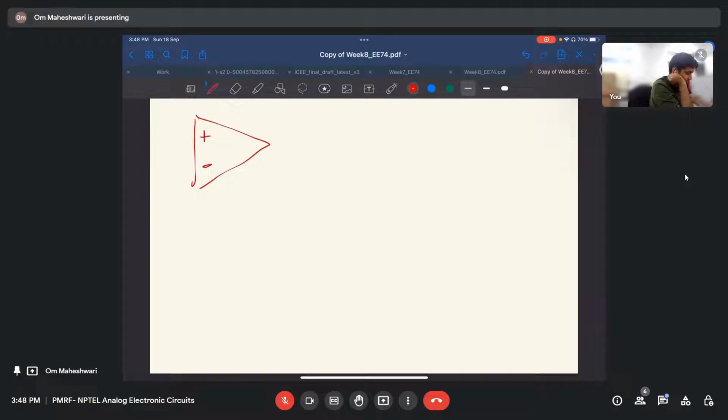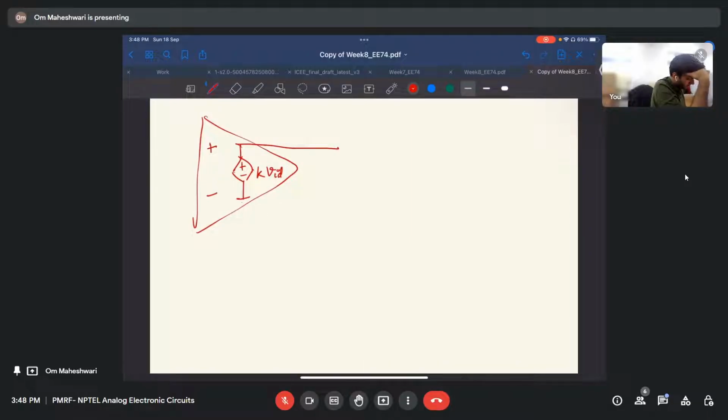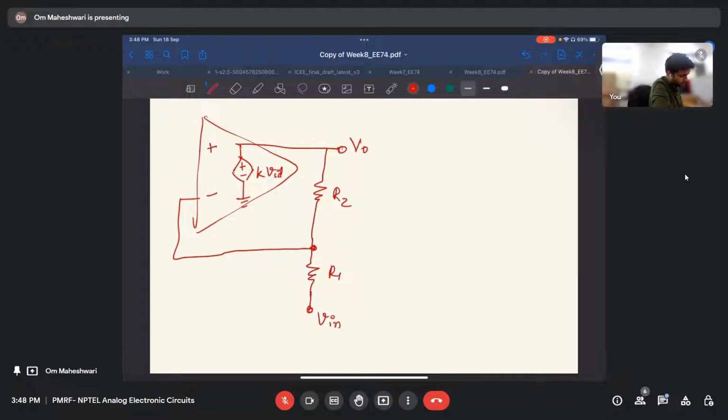So let me try to solve it. Let me draw it bigger. And this is connected here. And here we are applying V in. This is ground, plus minus VID.